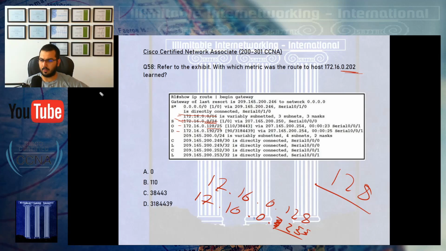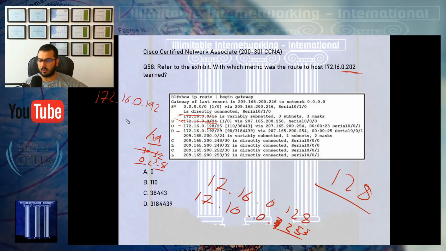Let me type it, should be better. 172.16.0.192. Since it has a /29, there is a 30, 31, 32 until we reach the 32nd bit. So 3 zeros. So 2 to the power of 3 gives us 8.